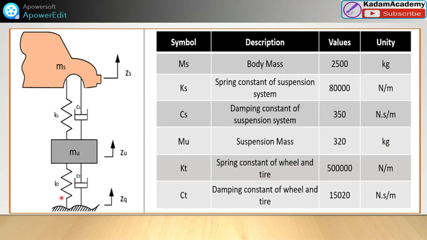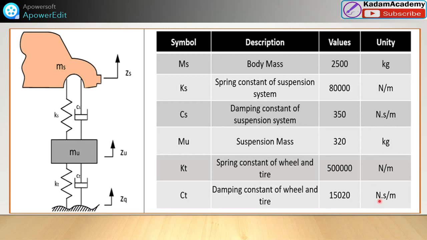The wheel moves on the uneven surface, so we consider the spring constant KT, with a value of 500,000 Newton per meter. CT is the damping constant of the wheel and the tire, with value given as 15,020 Newton second per meter. So friends, this is the mathematical modeling of this quarter car.